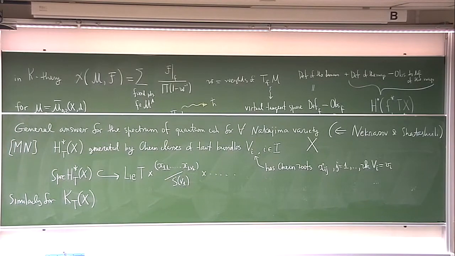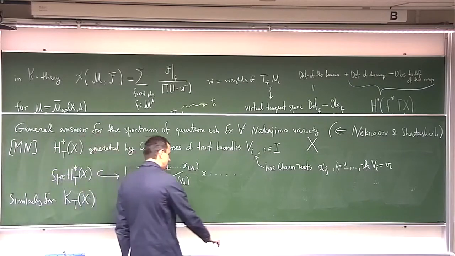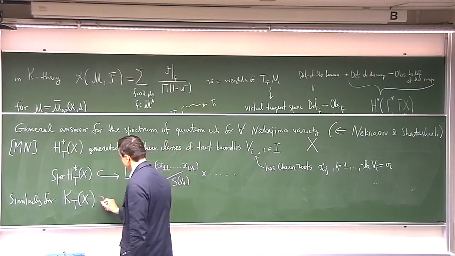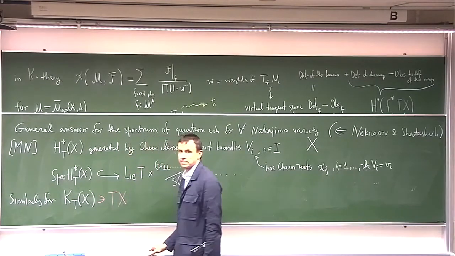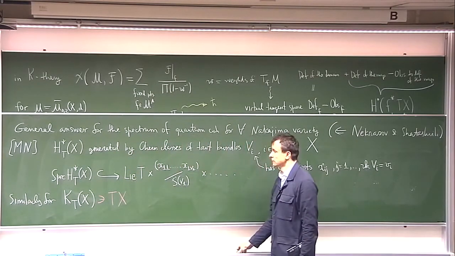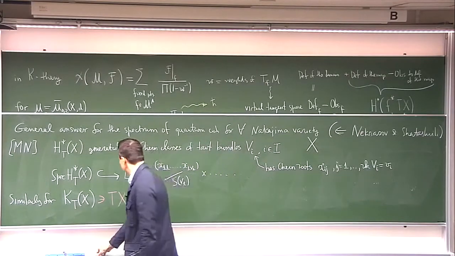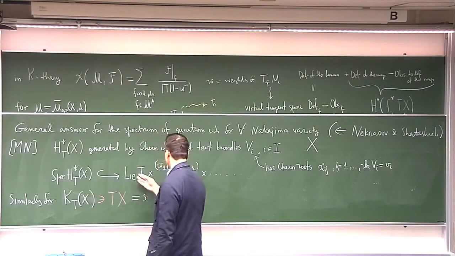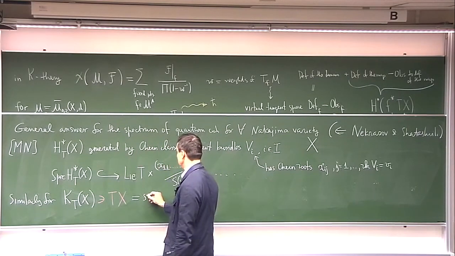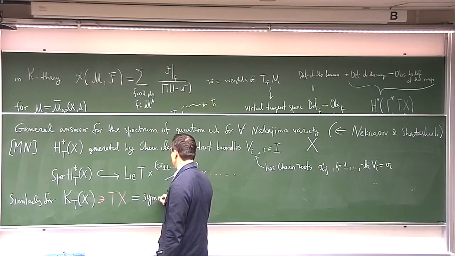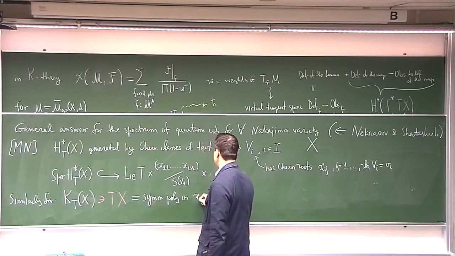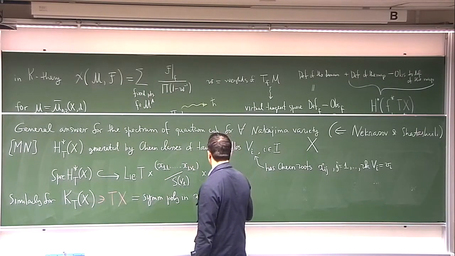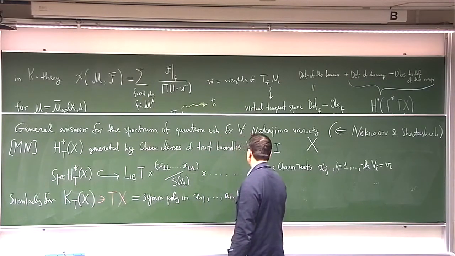So in the equivariant K-theory, in particular, you have a very special element, the tangent bundle. This tangent bundle becomes some symmetric polynomial. What does it mean? It means that you have a specific symmetric polynomial in these variables x_{ij}, a_i, and h bar.